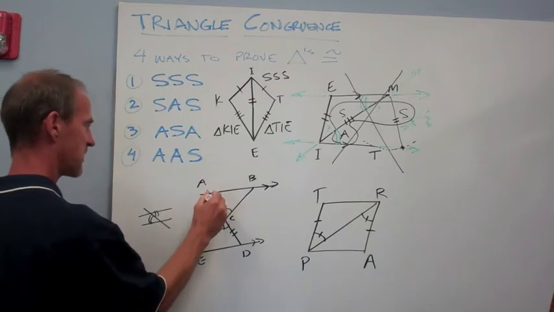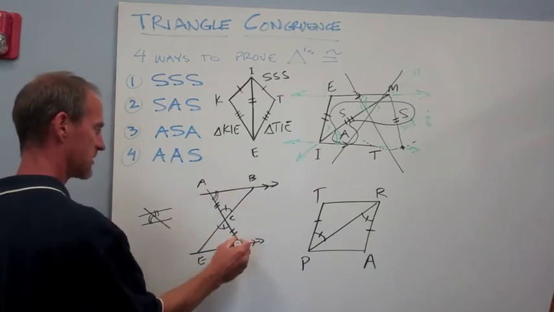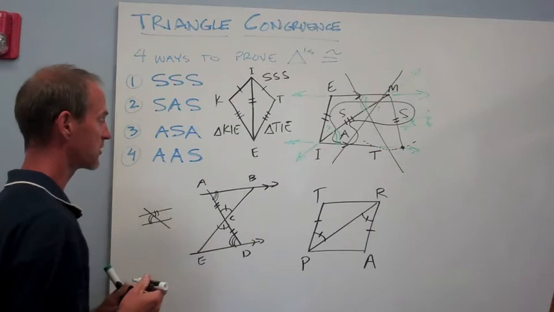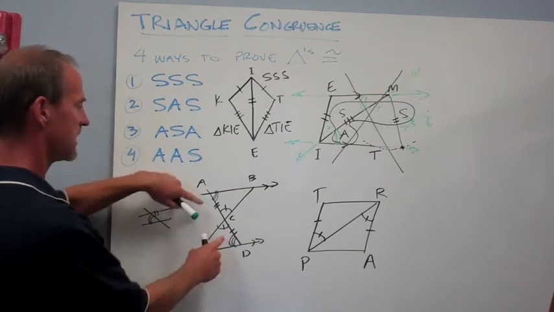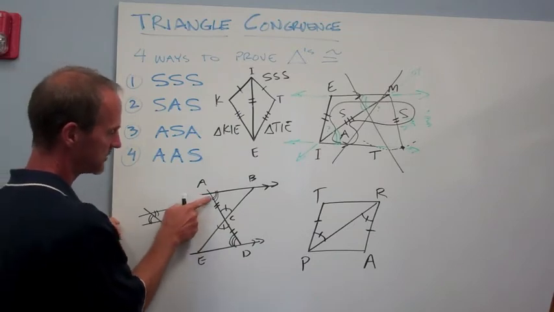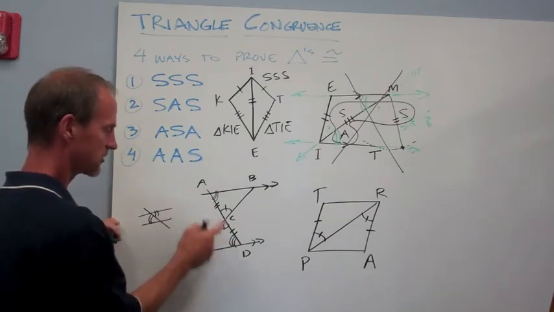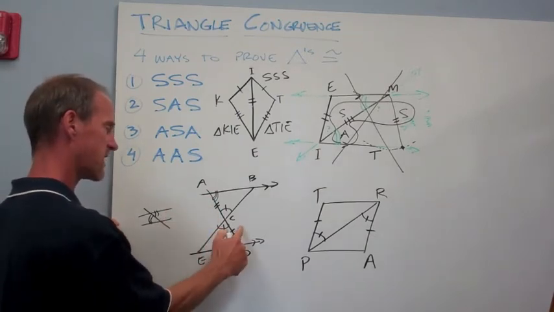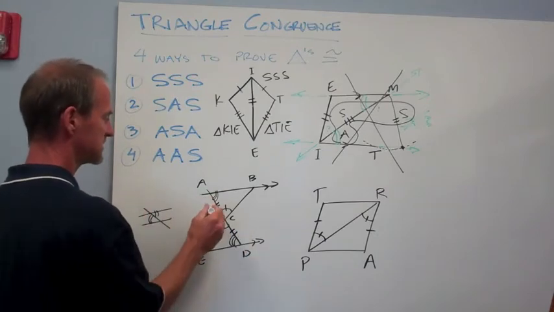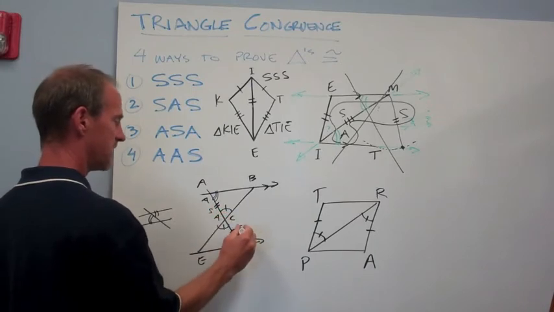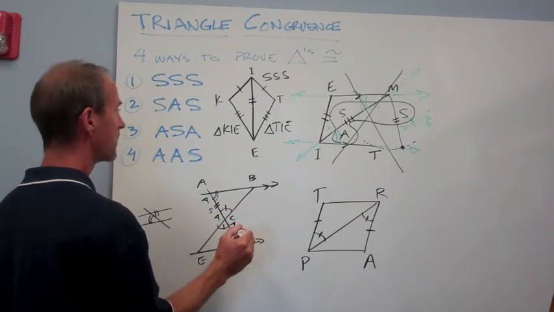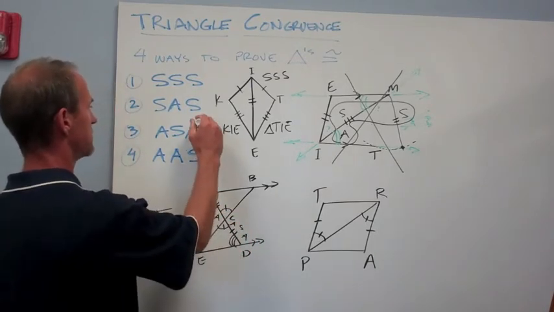So this angle with 3 little arcs is congruent to the alternate interior angle over here. Now I've got an angle, a side, and an angle congruent to an angle, a side, and an angle. This side has an angle that we know on each end of it. So that's an example of angle, side, angle.